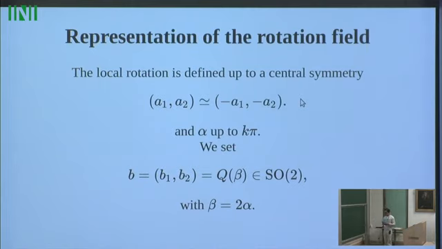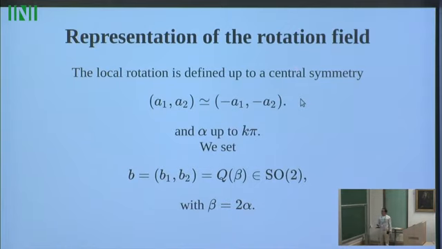The problem is that alpha is defined up to pi, and this is because the cell defined by A1, A2 by this rotation field is exactly the same as the periodicity cell defined by minus A1, minus A2. This is because the periodicity cells that we have chosen are symmetric under central symmetry.